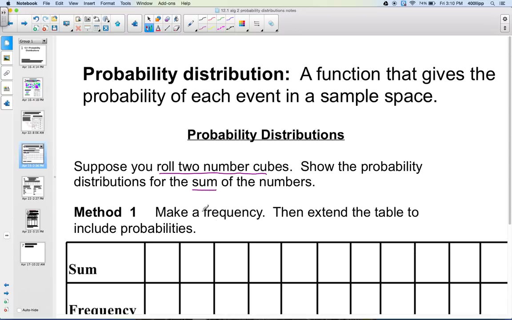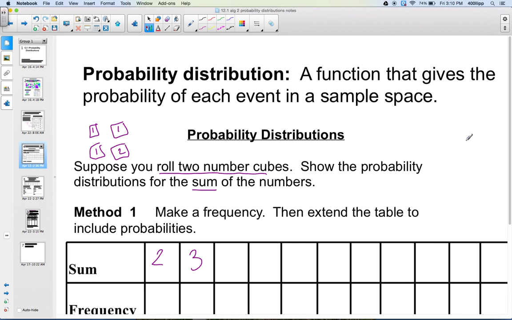the numbers, well, if we want to look at the sum, the lowest sum that we can get for 2 number cubes is I can roll a 1 on the first and a 1 on the second. So the sum of that, 1 plus 1, is a 2. That's the lowest sum that you can get. Then we can get a 3. We can roll a 1 and a 2. That would be a sum of 3.